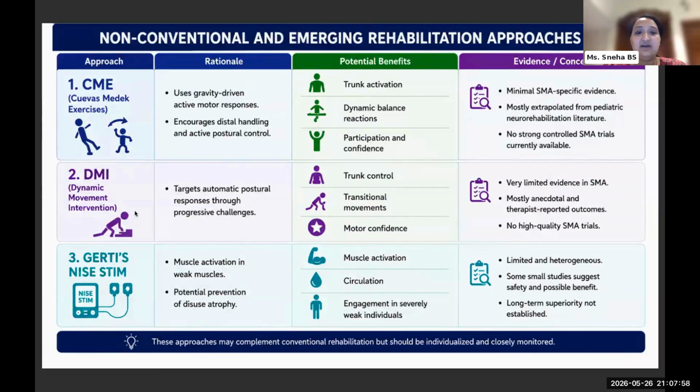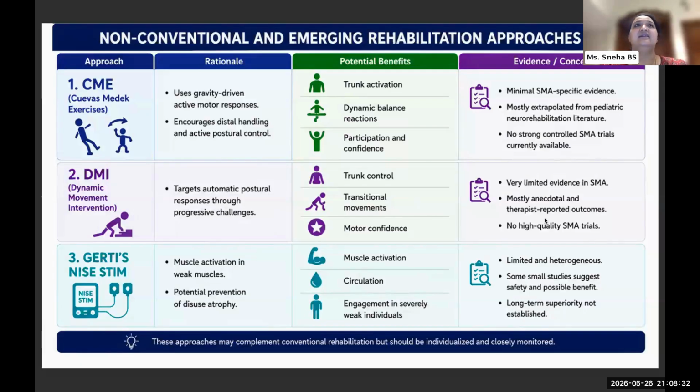With CME and DMI, they look majorly at gravity-driven active responses and postural responses. You want the child to learn by you precipitating certain movements, with a lot of trunk activation and dynamic movements, and the child will have some motor confidence. But then again, the evidence is quite limited, all small group, anecdotal, therapist-reported, so it is the opinions of therapists only. It is the lowest level of evidence so far.